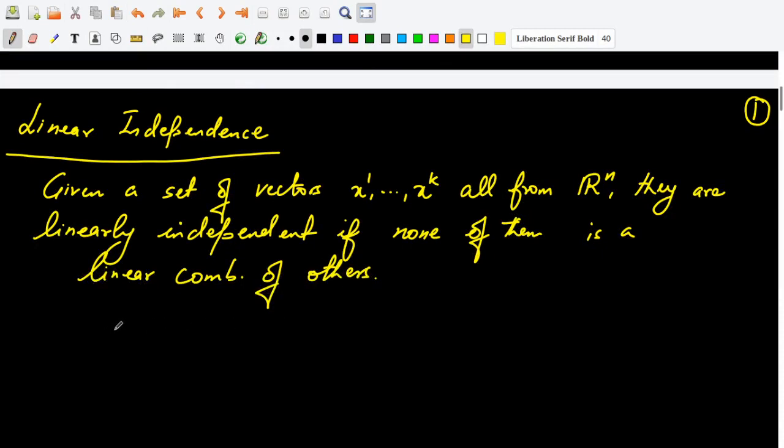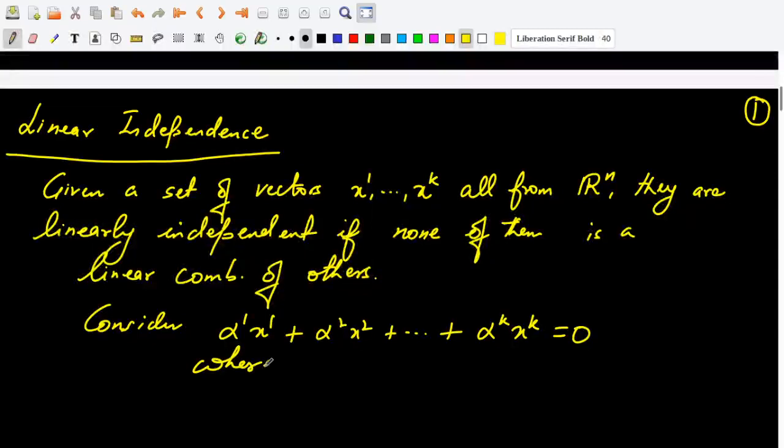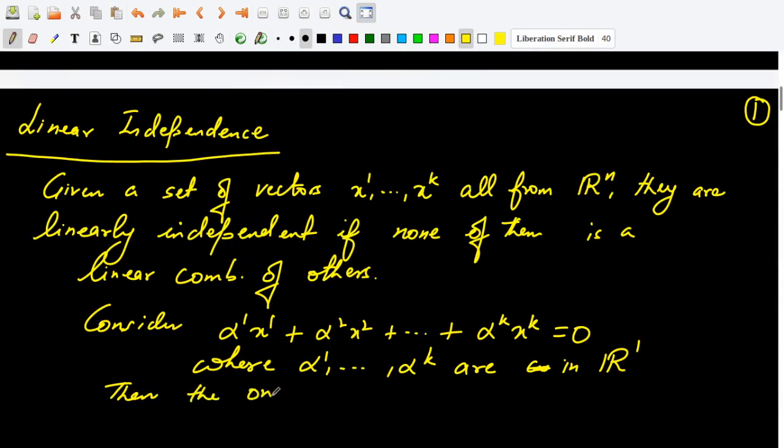More precisely, consider alpha 1 x1 plus alpha 2 x2 plus alpha k xk equal to 0, where alpha 1 to alpha k are constants in R1, then the only possible solution is alpha 1 equal to alpha 2 equal to alpha k equal to 0.